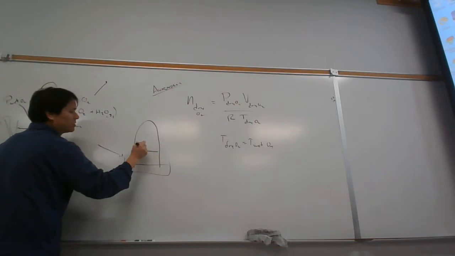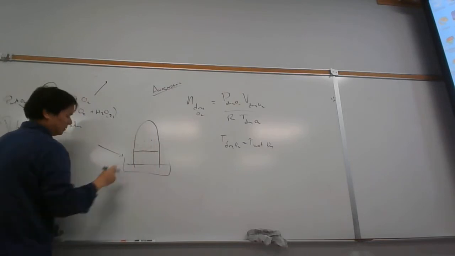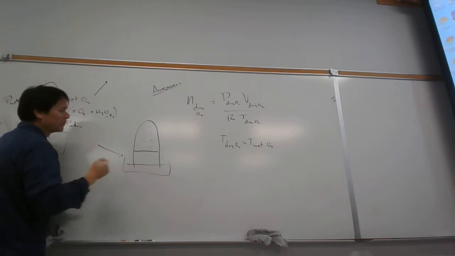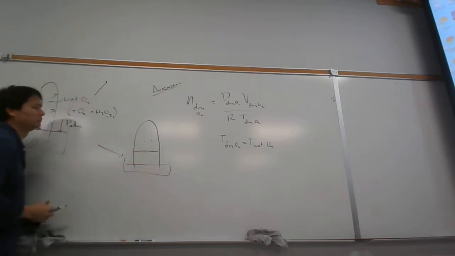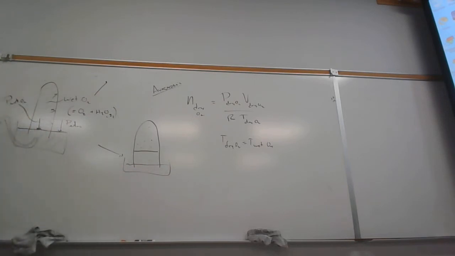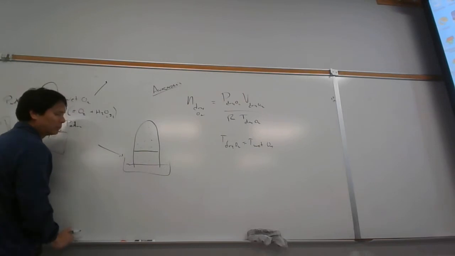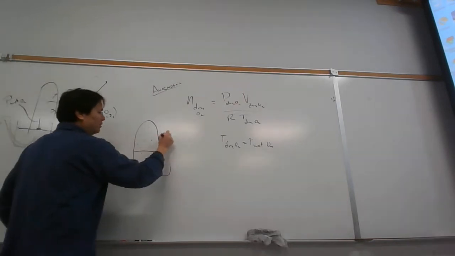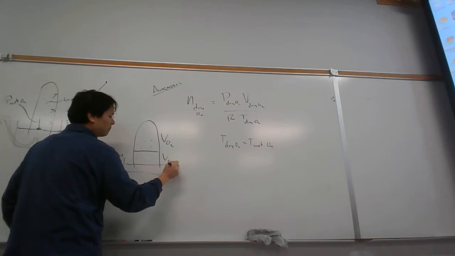And so the oxygen gas will occupy a certain volume here. And the water vapor will occupy a volume here. And we're going to maintain the number of particles so that the pressure doesn't change. And so this will be the volume of the dry O2 here. This will be the volume of the water vapor.